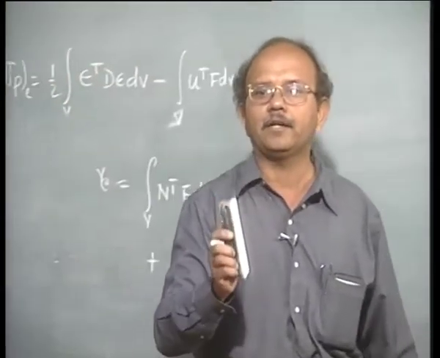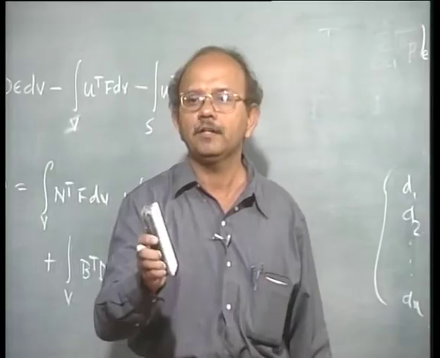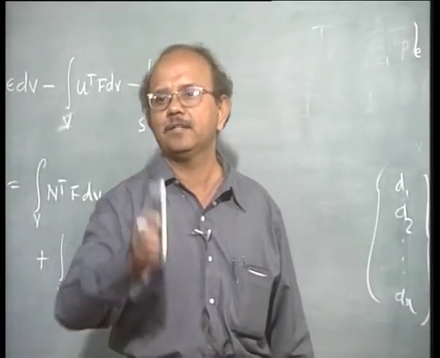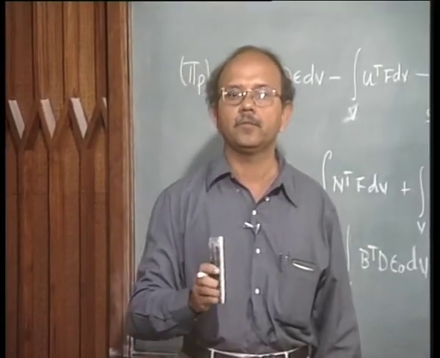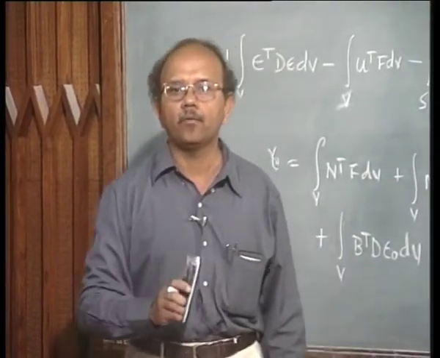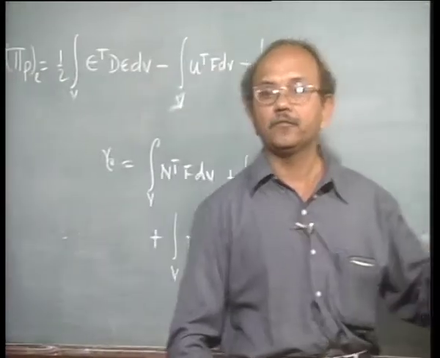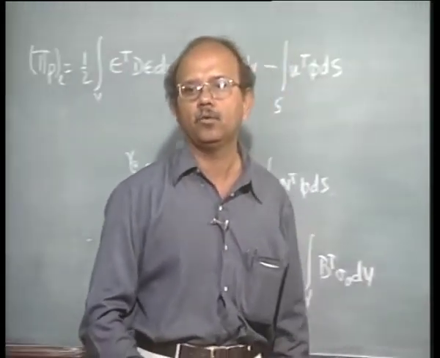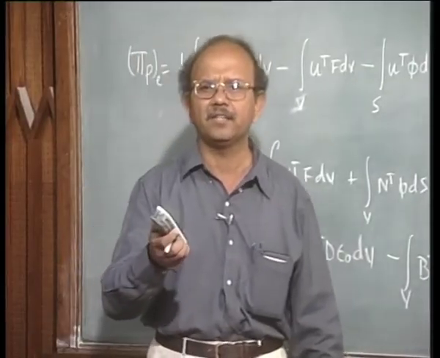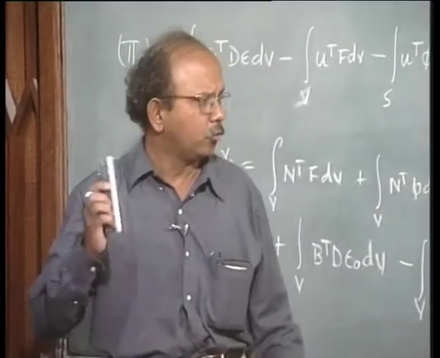What we arrived at last time was by using the direct stiffness matrix method. But now what I want you to do is to arrive at the stiffness matrix from this potential energy, or for that matter the virtual work principle. It's much easier to write it in another form. How do I write it?